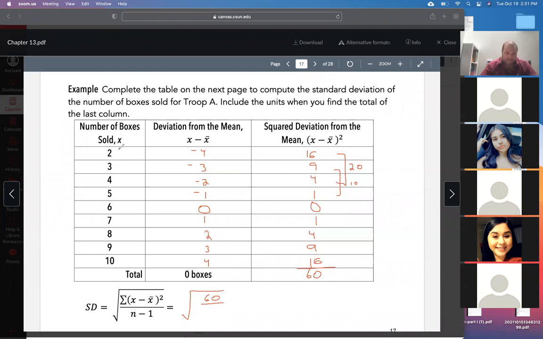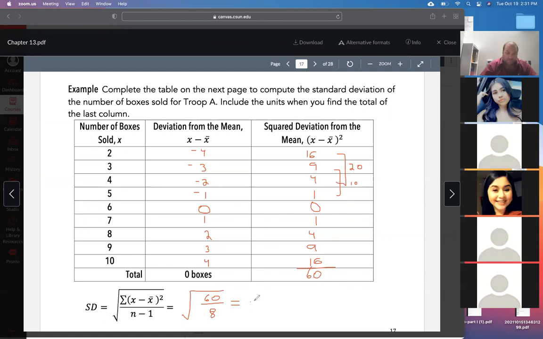So if n is 9, 1, 2, 3, 4, 5, 6, 7, 8, 9, then what is the denominator going to be? 8. And what is the square root of 60 over 8? Approximately 2.74. So the standard deviation is about 2.74.